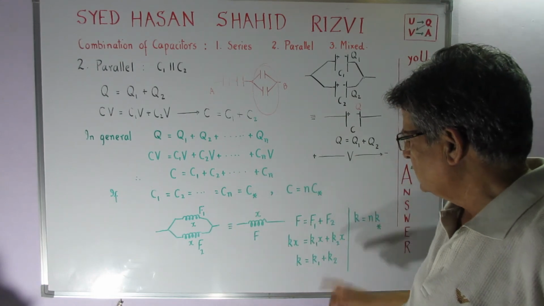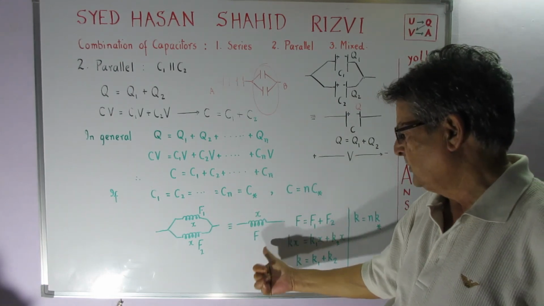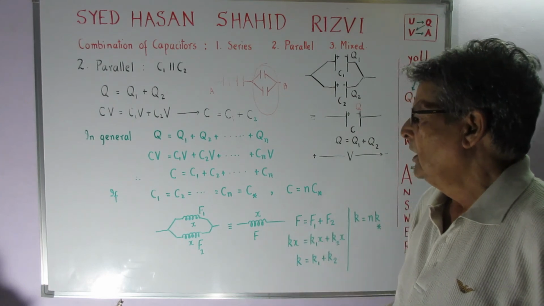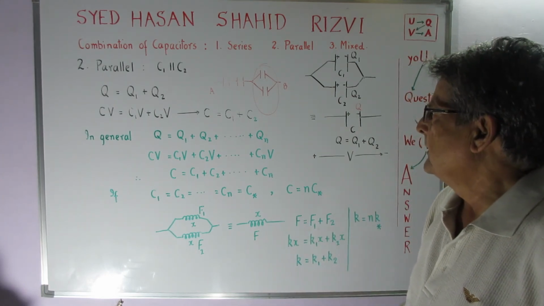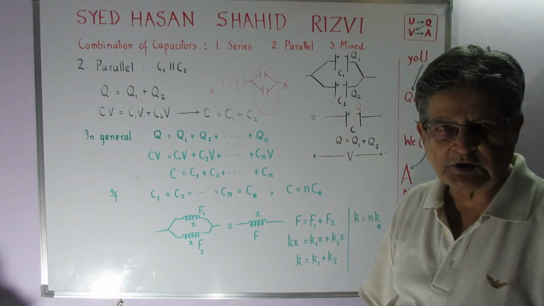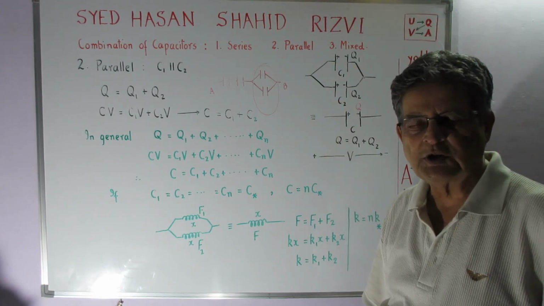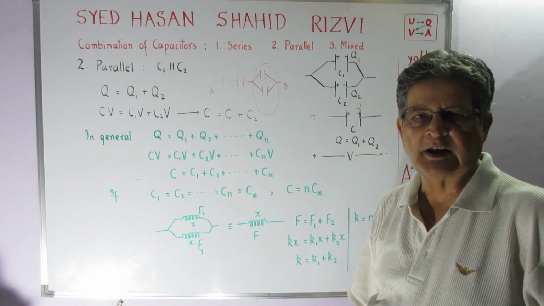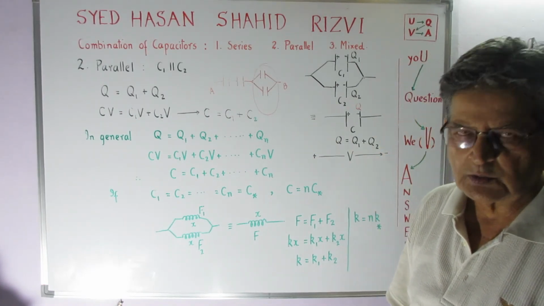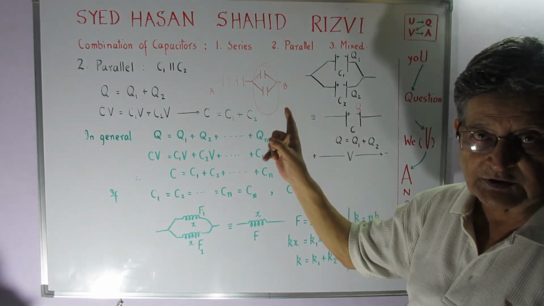Why are the springs giving the same kind of result? Because springs are also storage devices, like capacitors, and of course any storage device is also a dispensing device from which we can take energy out. So both are energy storage devices.